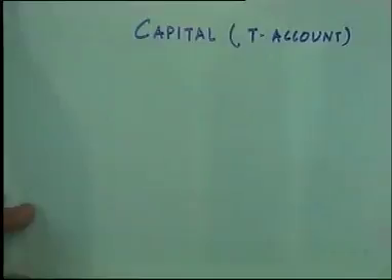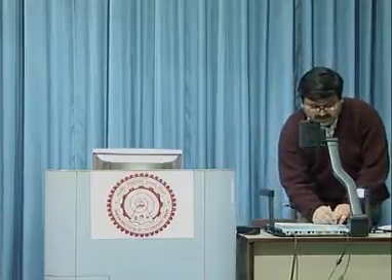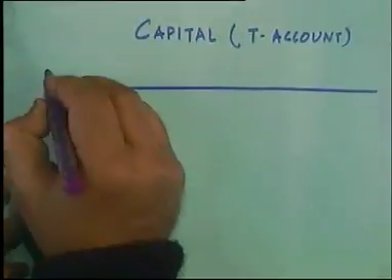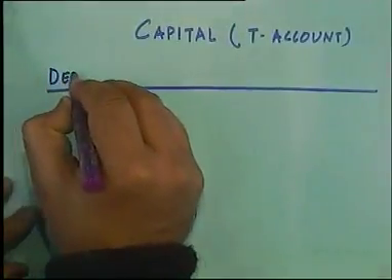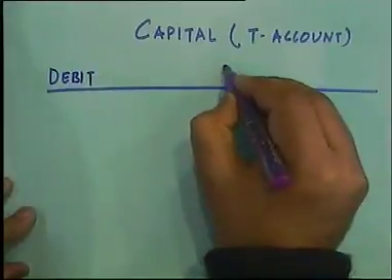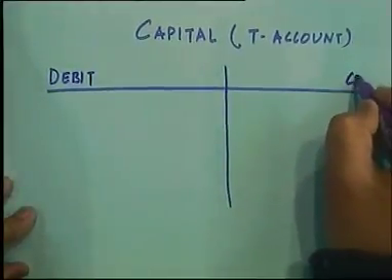So, for this what do you have to do? You have to go to cash book, because capital was provided to you in the form of cash, right? So here also you will have a debit column, debit side, and here you have credit side.